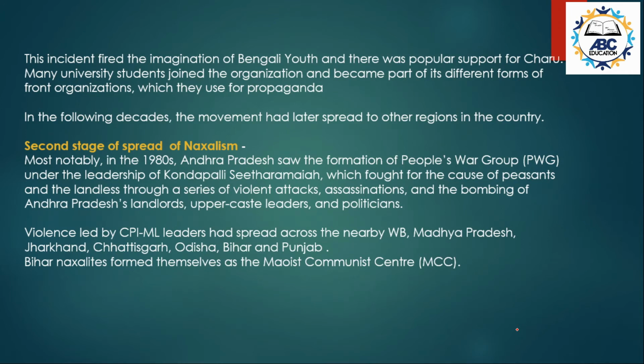So now that we know इस इंसिडेंट के बाद क्या हुआ, that a lot of Bengali youth also got attracted to this ideology, and there was a lot of popular support which was gathered for this leader Charu Majumdar. And उसके बाद धीरे धीरे करके this particular ideology or movement spread to other regions of the country also, and there were many university students and other students who joined this organization, and they formed part of its different front organizations.